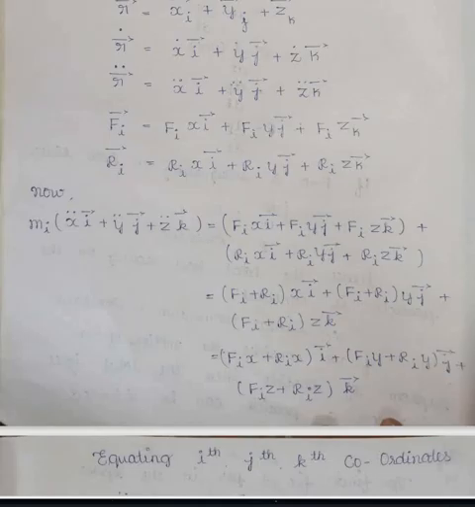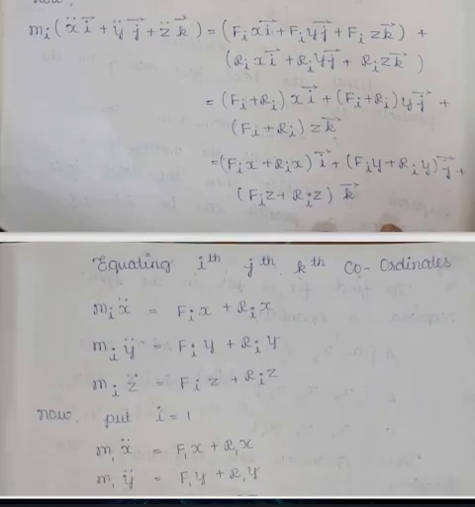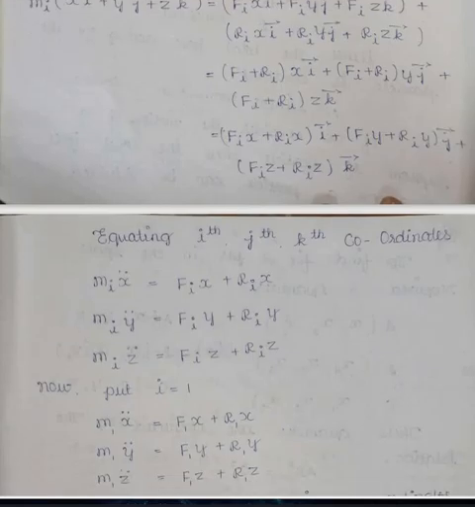We can write mi of x double dot i vector plus y double dot j vector plus z double dot k vector equals Fix plus Rix i vector plus Fiy plus Riy j vector plus Fiz plus Riz k vector.